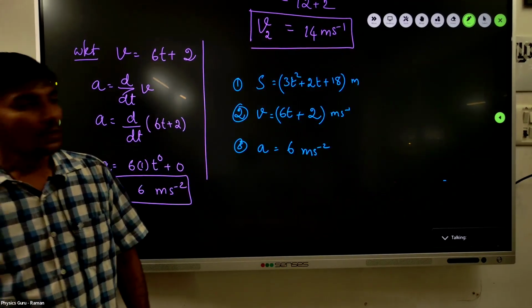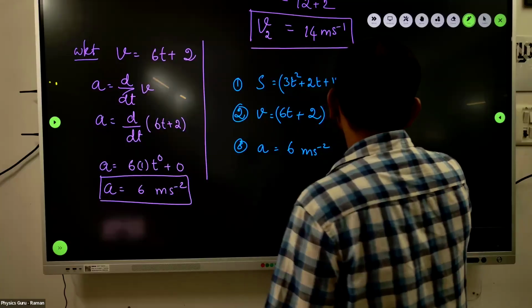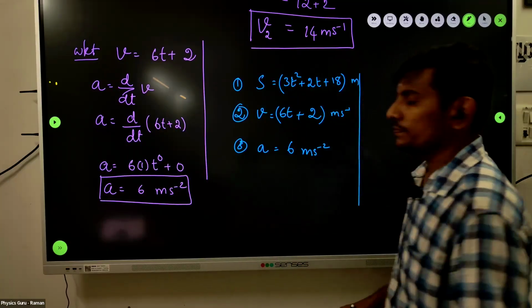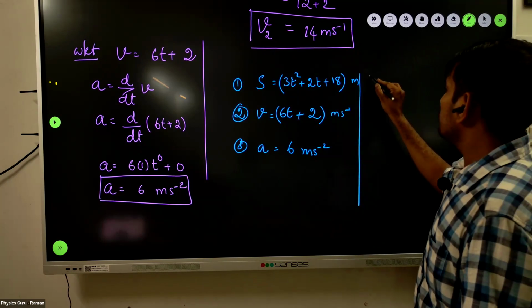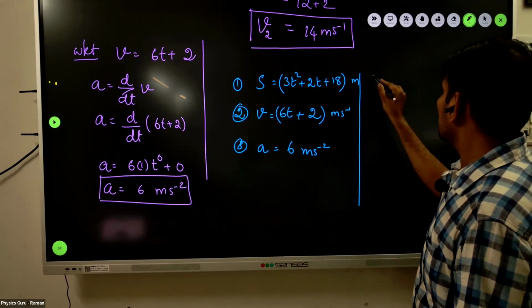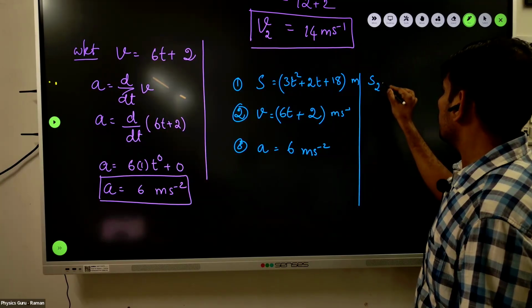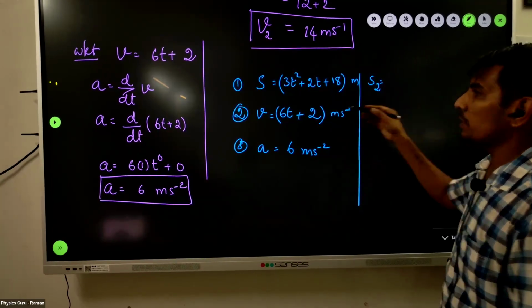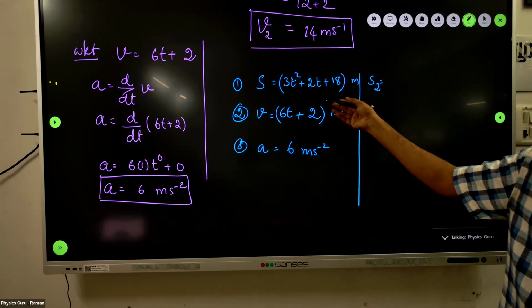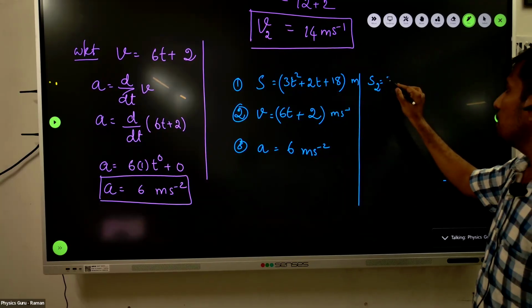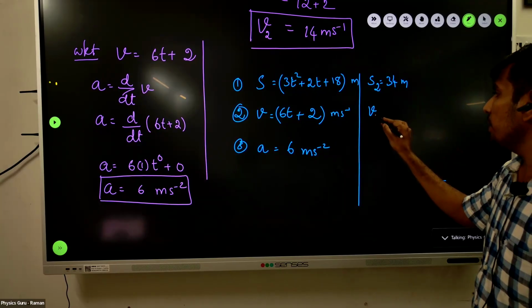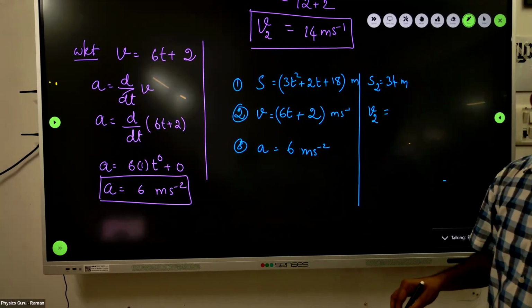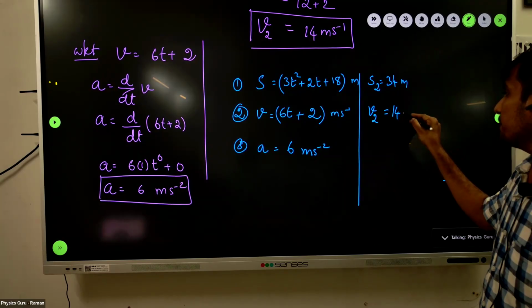Correct? And also we found the instantaneous values of these three quantities. The displacement when time is equal to 2 seconds is given by what value? 34, very good. 34 meter. And velocity when time is equal to 2 seconds is given by 14 meter per second.